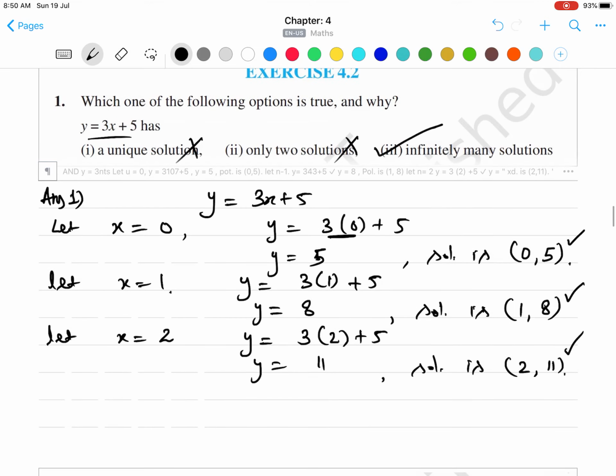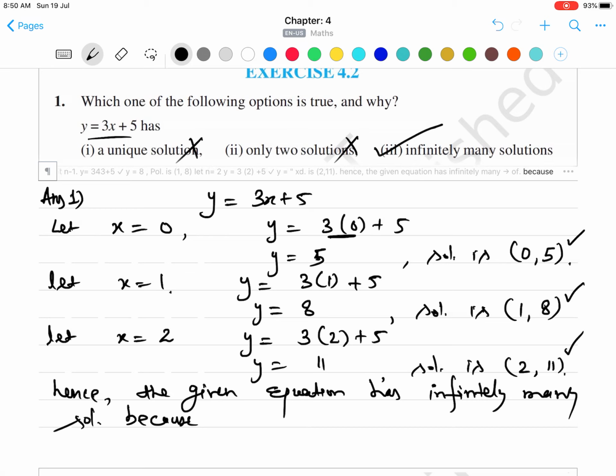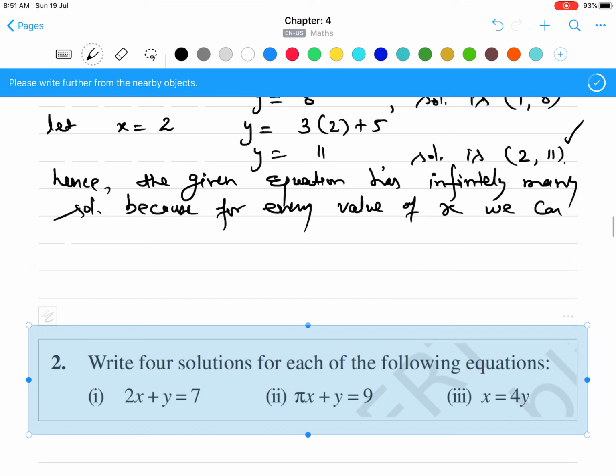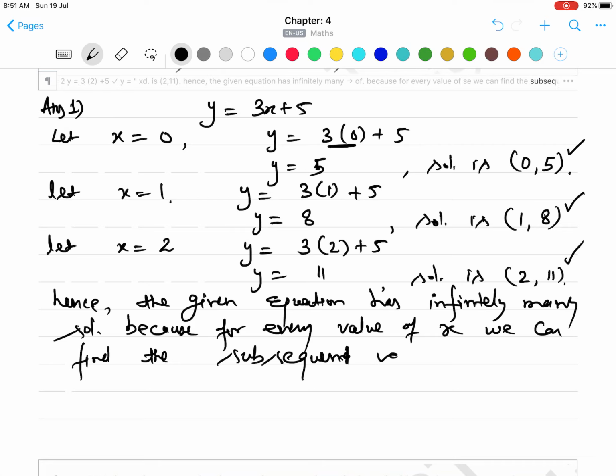So based on this we can say that the given equation has infinitely many solutions because for every value of x we can find the subsequent value of y.